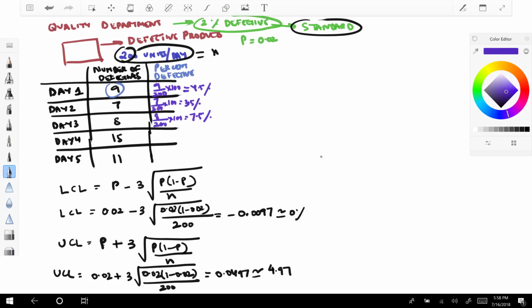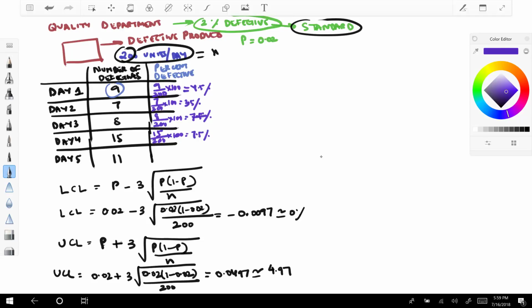And then 15 divided by 200 multiplied by 100, this is going to give us 7.5%. This is 4%.